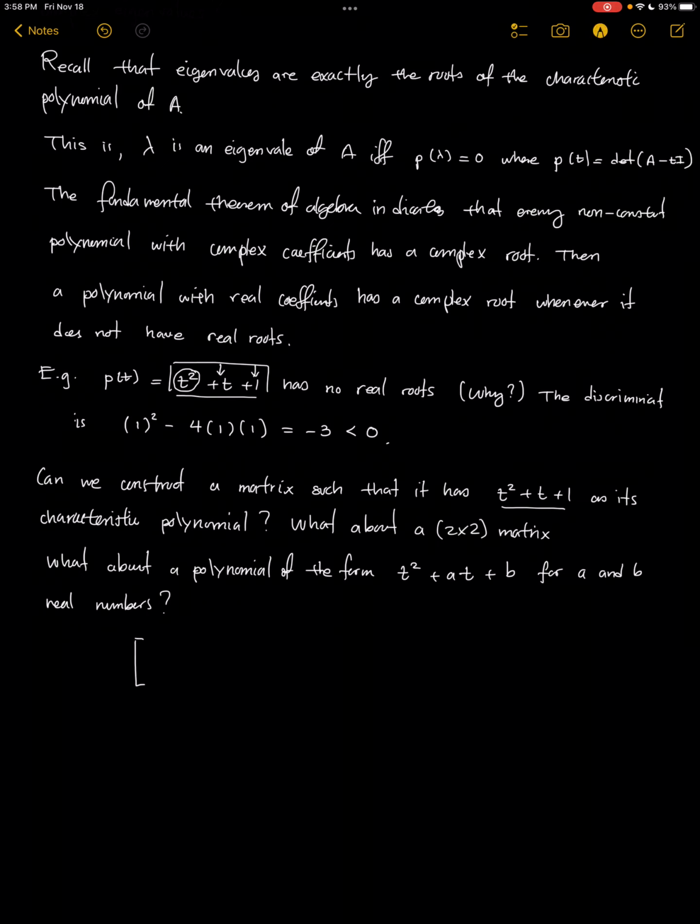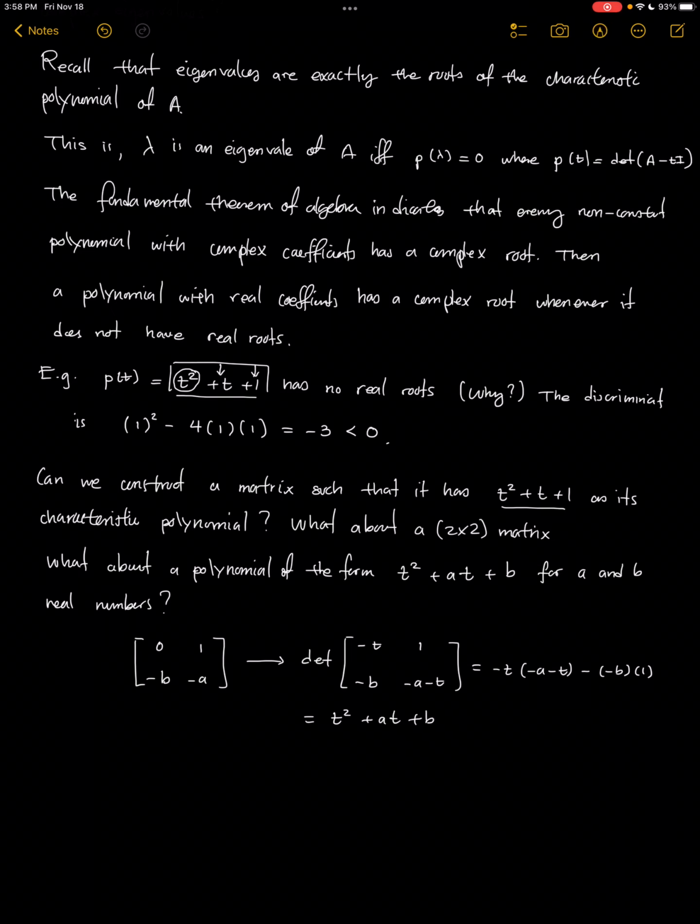If I use the following matrix, 0, 1, negative b, negative a, well, then I examine its characteristic polynomial, meaning the determinant of negative t, 1, negative b, negative a minus t. Well, this results in negative t times negative a minus t minus negative b times 1, which is nothing else but t squared plus at plus b.